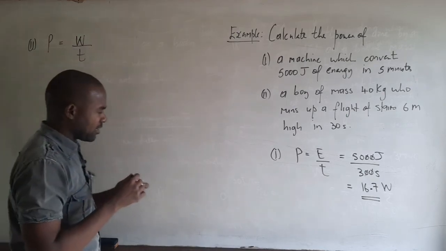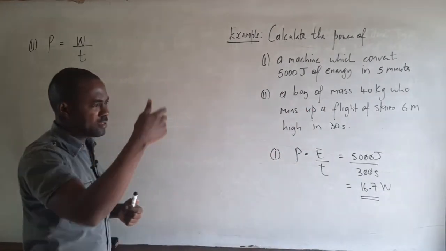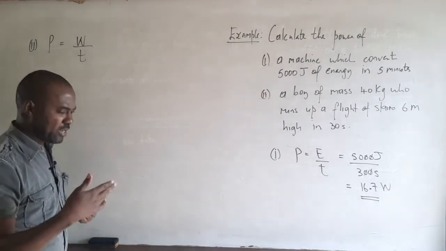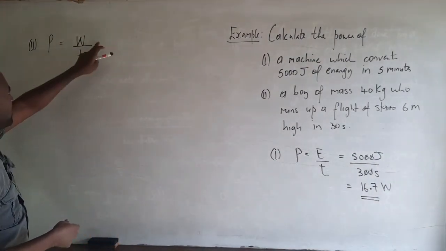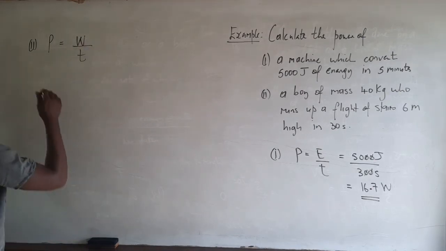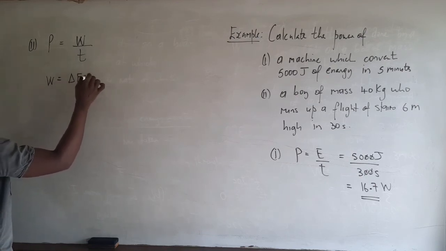Now in this particular case, the boy is running up a flight of stairs of a certain height, which means his gravitational potential energy is increasing. And so the work done would be equal to the change in his gravitational potential energy. So we can say that W is equal to delta EP, right?